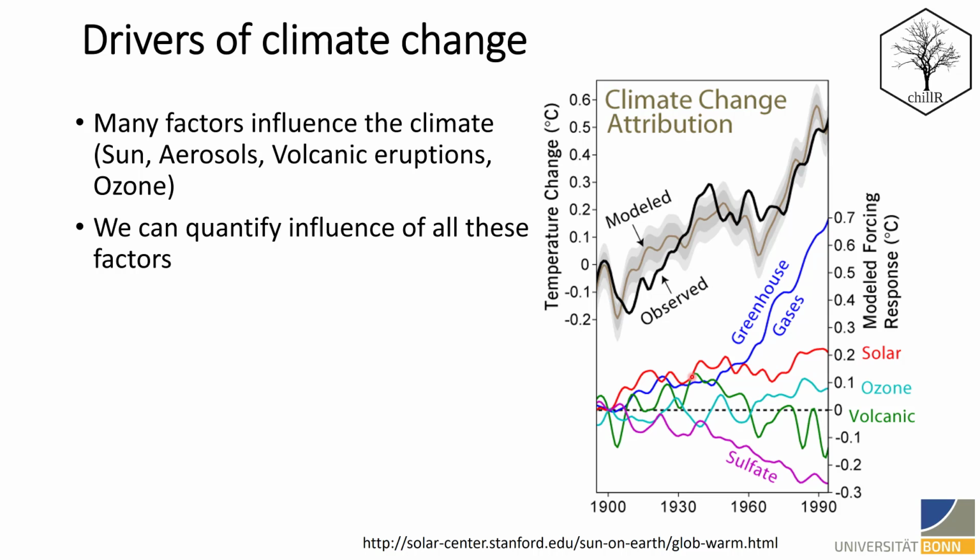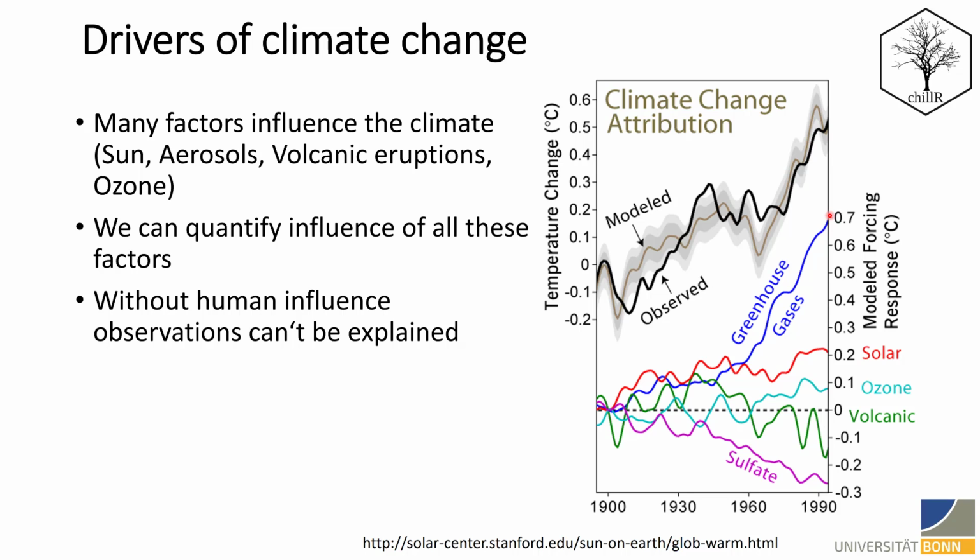But we can really only understand the overall temperature dynamics that we're seeing if we add greenhouse gases to the equation. The estimated effect here already by the late 90s was 0.7 degrees of additional temperature increase. So without human influence, these observations that we are making can't be explained.